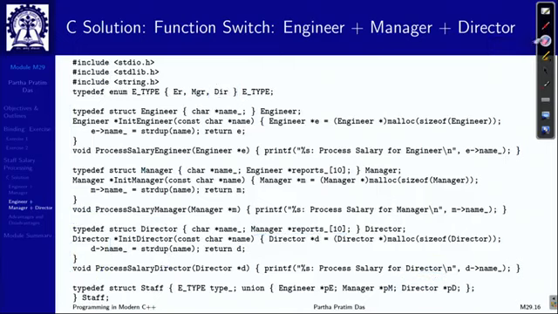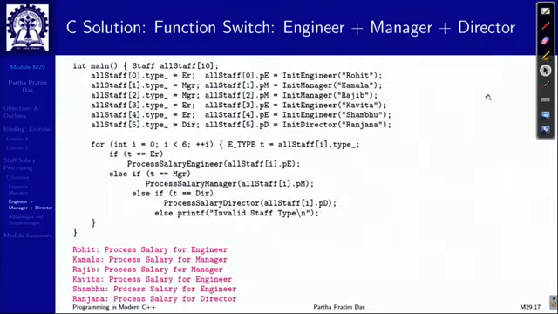Having done that, let us see. Now, there is no specific change in terms of this array. In the similar way, I create different staff instances, but coming back here, I need to add another if condition.